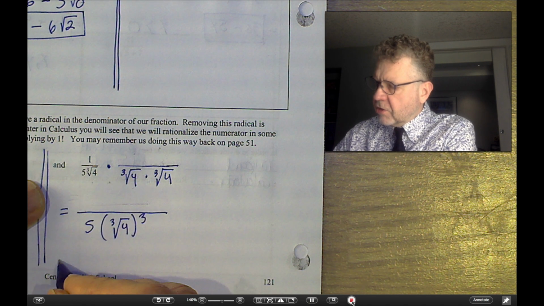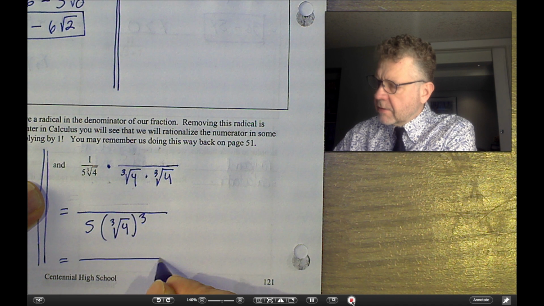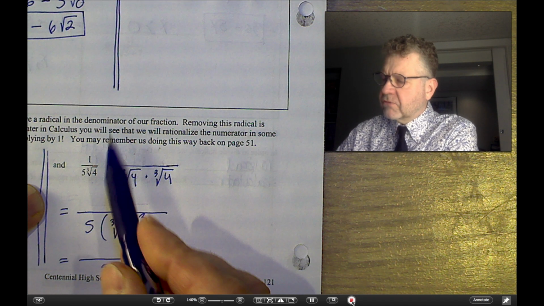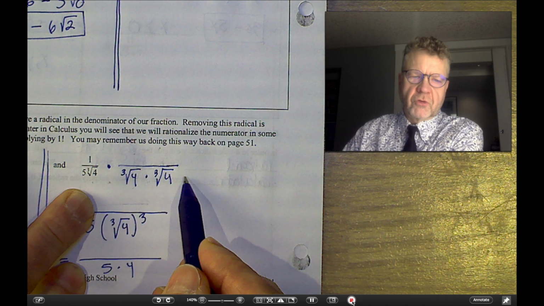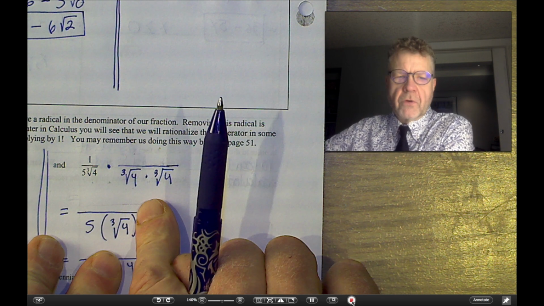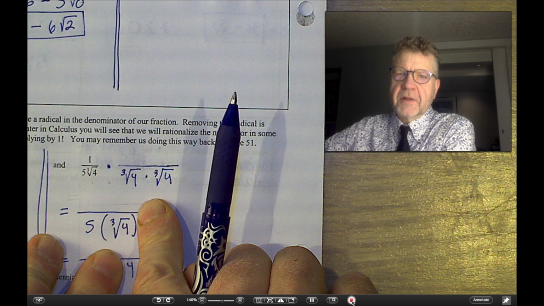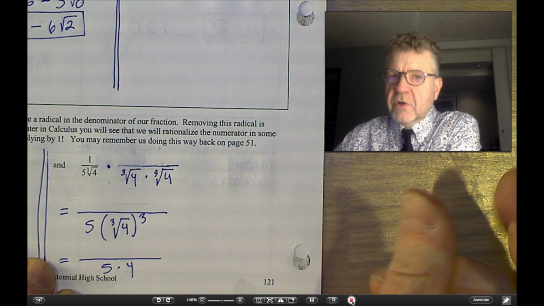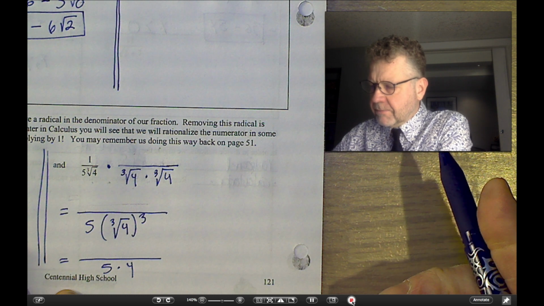And the cube root of anything cubed is simply itself, right? So that's why I'm multiplying it by the cube root of 4 twice, not just the cube root of 4. If I just did that, I'd have the cube root of 4 to the power of 2, and that doesn't get rid of the radical sign. Cube root of 4 times cube root of 4 times cube root of 4 gets rid of the radical sign.